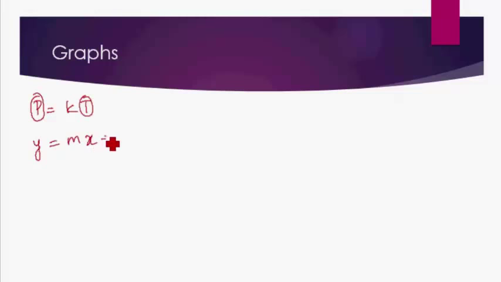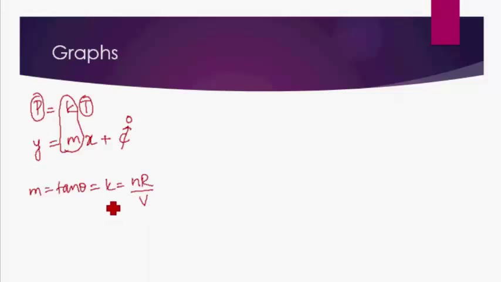Comparing this to the equation of a straight line, y = mx + c, we get that c, the intercept on the y-axis, is 0, and m, the slope, is equal to K. Since the intercept is 0, the graph will be a straight line passing through the origin, and the slope m, which is basically tan theta, is equal to K, which is basically nR by V.